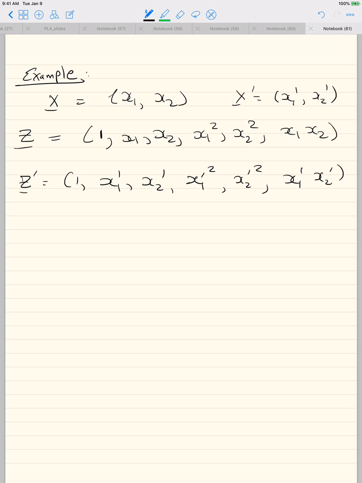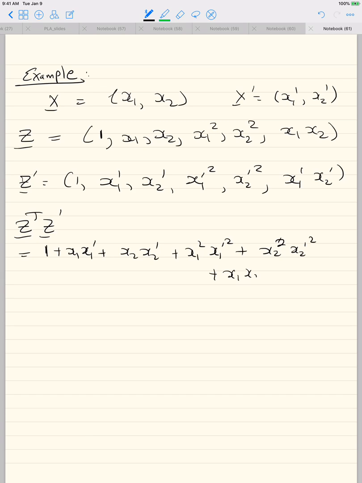We are transforming both of them. And if we compute z transpose z prime, this will be 1 plus x1 x1 prime plus x2 x2 prime plus x1 square x1 prime square plus x2 square x2 prime square plus x1 x2 x1 prime x2 prime.